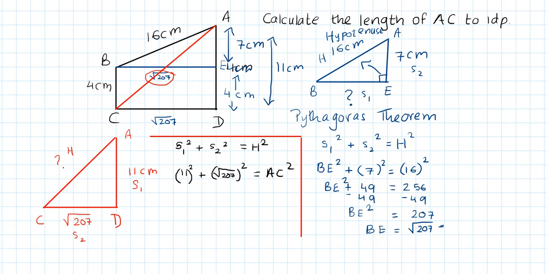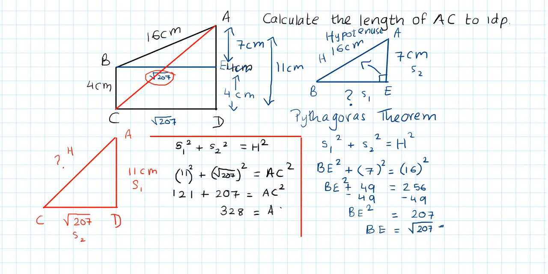So 11 squared is 121, and the square root of 207 squared is 207. It makes my life so much easier when I'm dealing with that square root in its full form. So AC squared is 328 when I add those two numbers up.